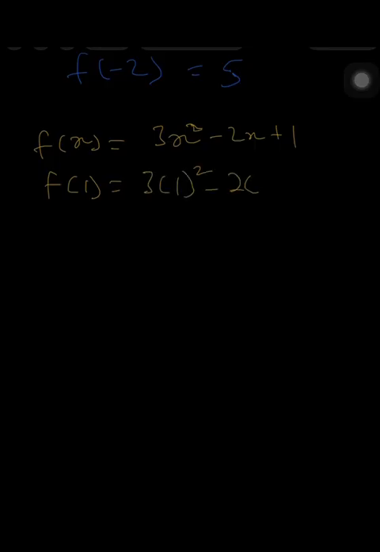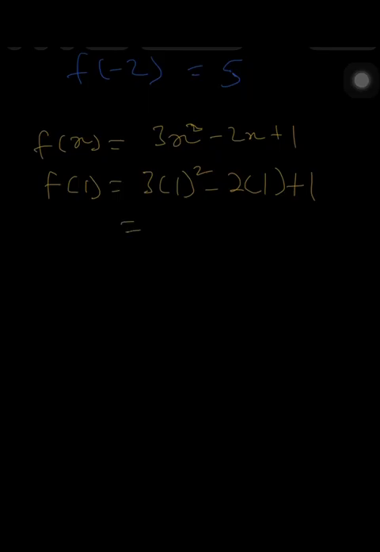Let's try another function. f of x equals 3x squared minus 2x plus 1. And we have to find f of 1. f of 1 will be 3 times 1 squared minus 2 times 1 plus 1.